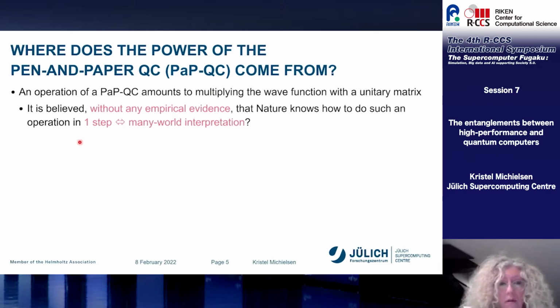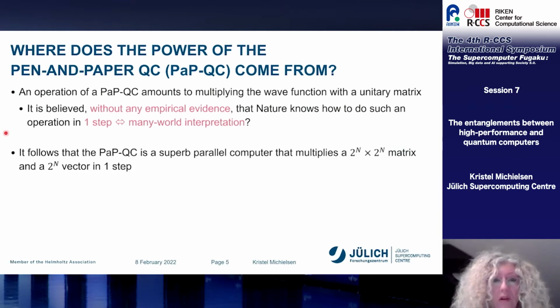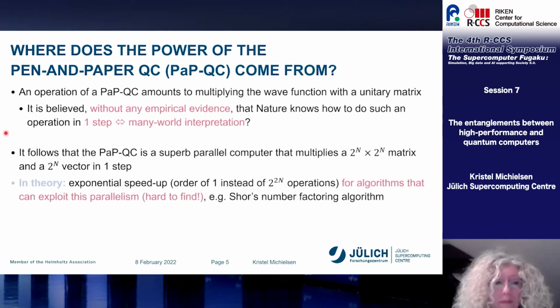Now, if we make this belief, then we also have to believe in a many-world interpretation. Then it follows also that this ideal quantum computer is a superb parallel computer that can multiply a 2 to the power n times 2 to the power n matrix with a 2 to the power n vector in only one step.